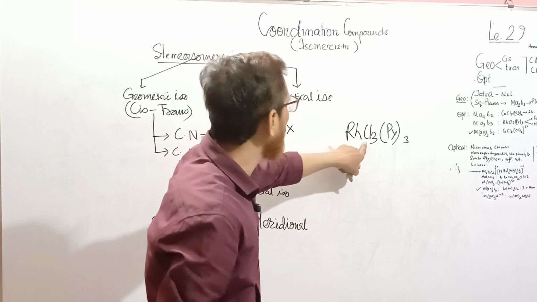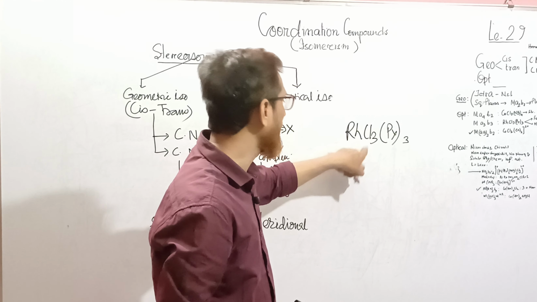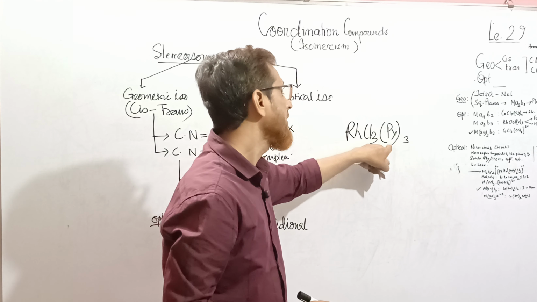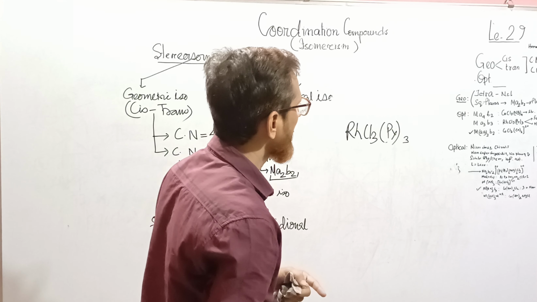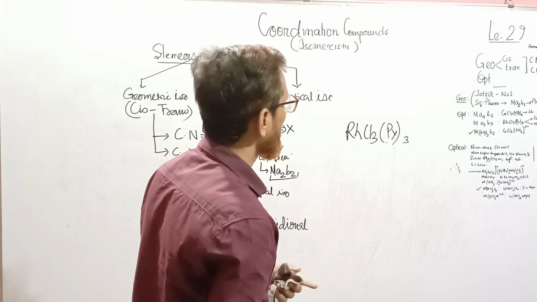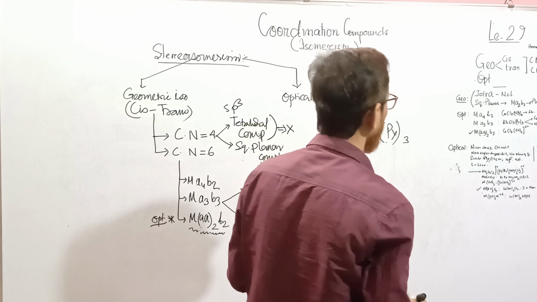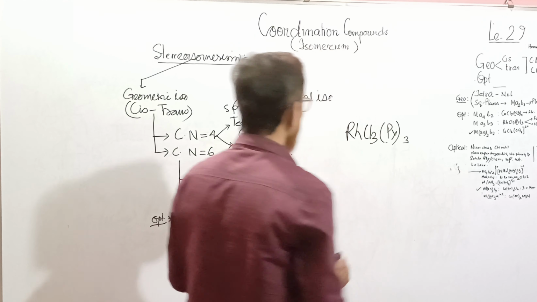For example, rhodium RhCl3(py)3, with 3 chlorines as A3 and pyridine py3 as B3. You draw the structure and again you will get isomerism.